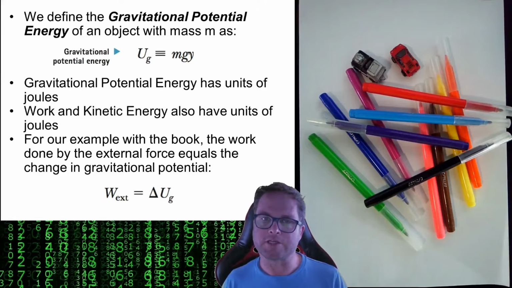The gravitational potential energy has units of joules, and in fact this is the same units of work and kinetic energy which we've already seen, which also have units of joules. For our example with the book, the work done by the external force equals the change in the gravitational potential energy, as expressed in this formula here.